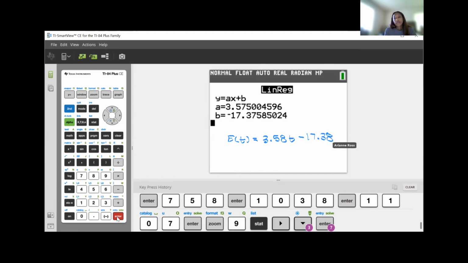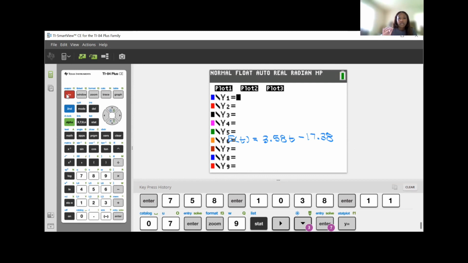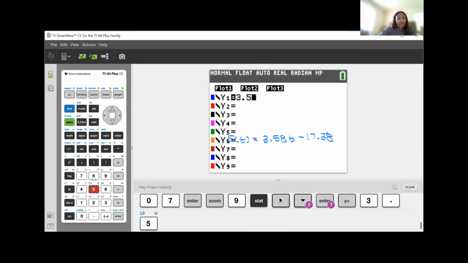This is our regression equation. And then we can graph this along with the scatter plot if we go to y equals and type in this equation: 3.58. We use X for the input all the time, so press that button, X, and then minus 17.38.